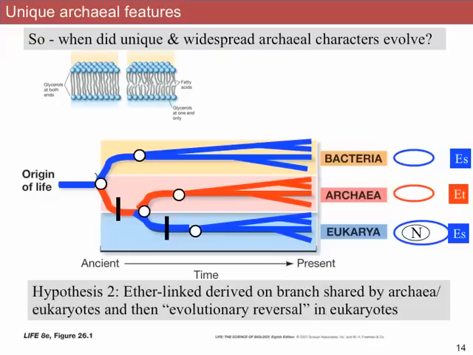An alternative is that the most recent common ancestor had ester linkages. There was a switch in the lineage leading up to the common ancestor of Archaea and eukaryotes to ether linkages, and then another switch in the branch leading up to the common ancestor of eukaryotes back to ester linkages.